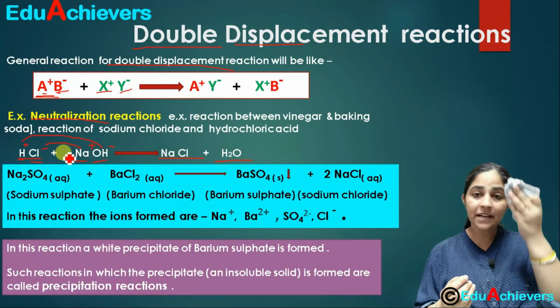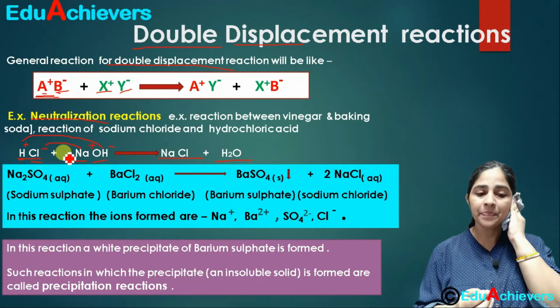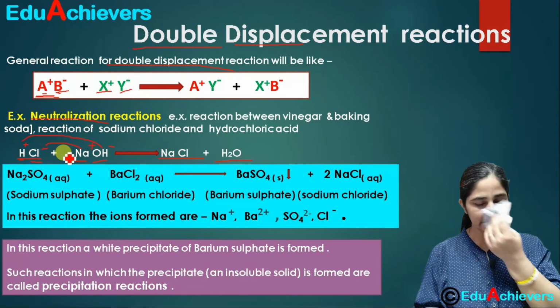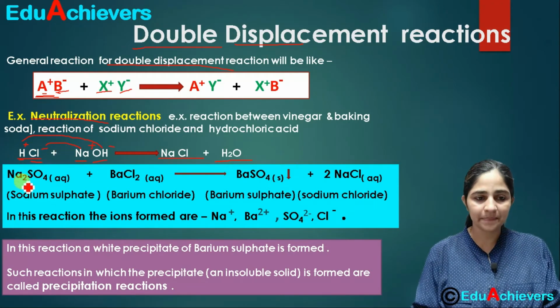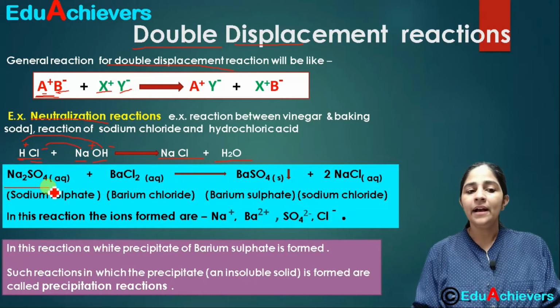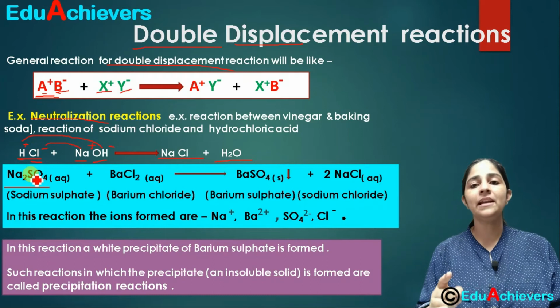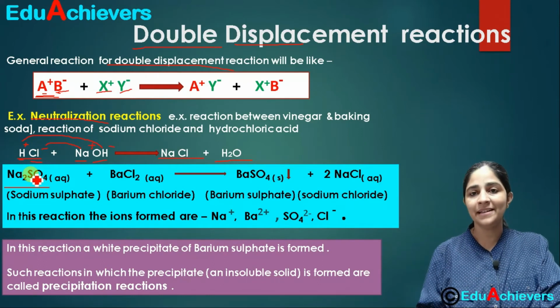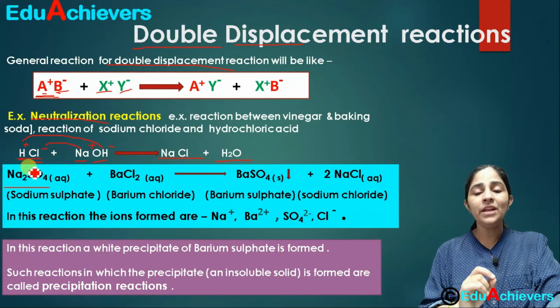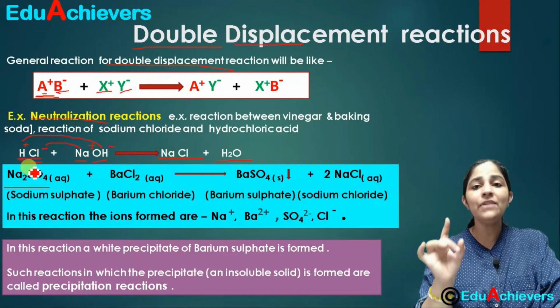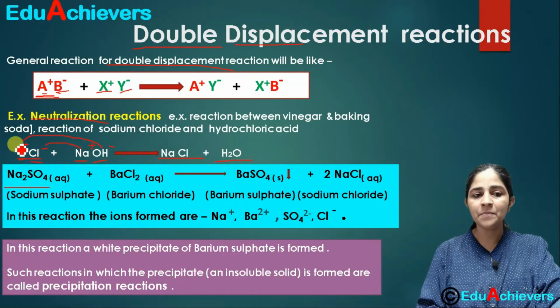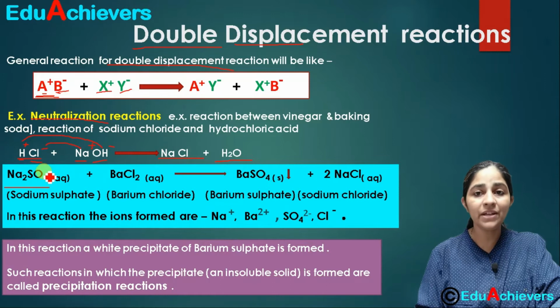The reaction discussed in your book is this one, when sodium sulfate, Na2SO4, reacts. Now remember, whenever you have difficulty remembering chemical formulas, you need to learn the valency first. You can understand here SO4 is the sulfate group.